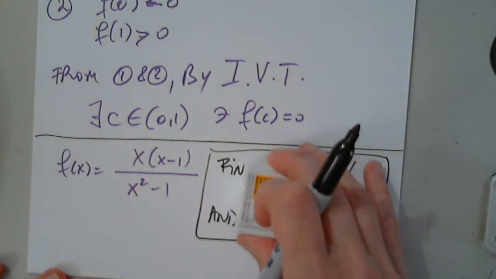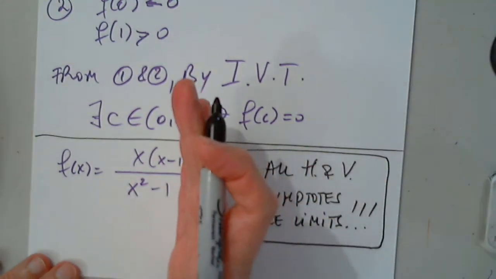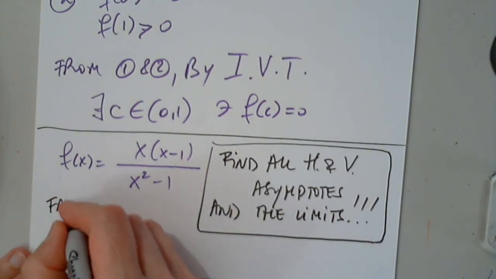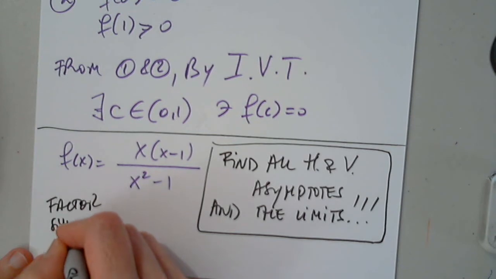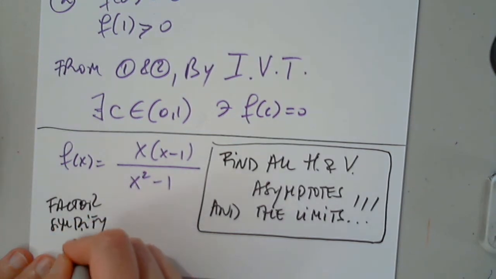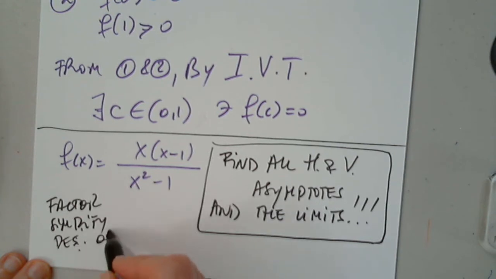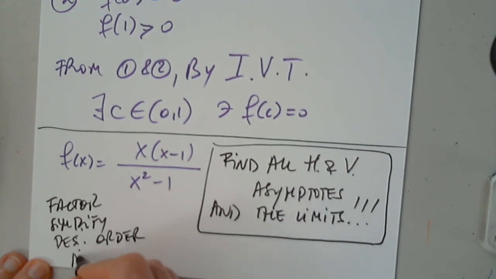I don't care what the question is all about. I'm looking at this function, and I remember: factor, simplify, and descending order, no negative leading coefficient.